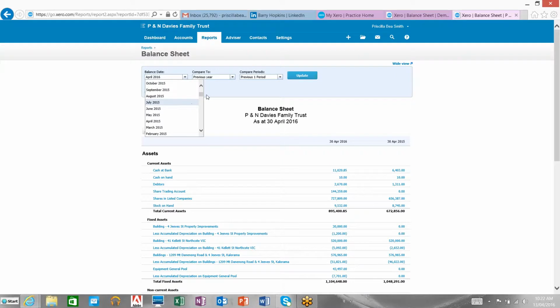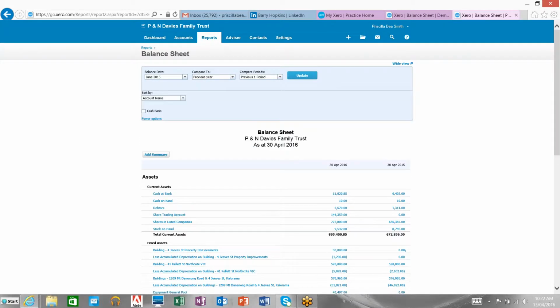Okay, so what we want to do, it is July 14... no, balance date is June 30, because here it's asking you for a balance date, not the period. All right, so it's June 15. And then we can compare it with previous year. Here you can take cash basis. Let's not worry about that and update this.